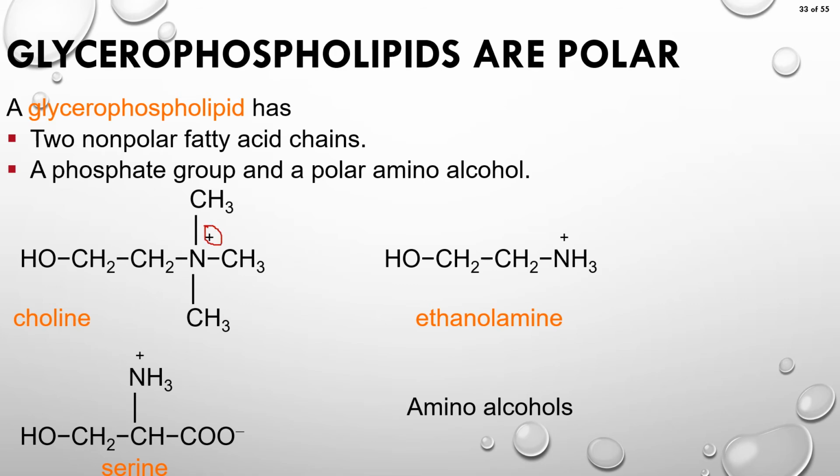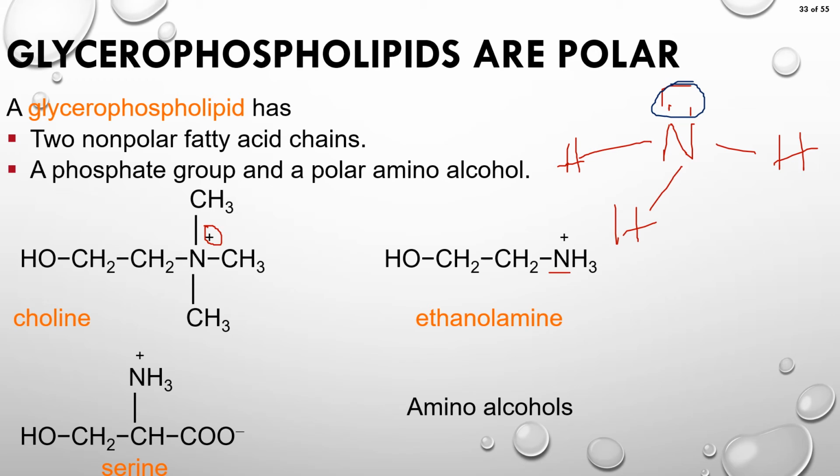Okay, so why is nitrogen positive here? Remember, nitrogen is stable. It does not have charge if it has three bonds and one lone pair. Okay, this one, lone pair. Let me have another color. So in this case, nitrogen has eight electrons surrounding it.